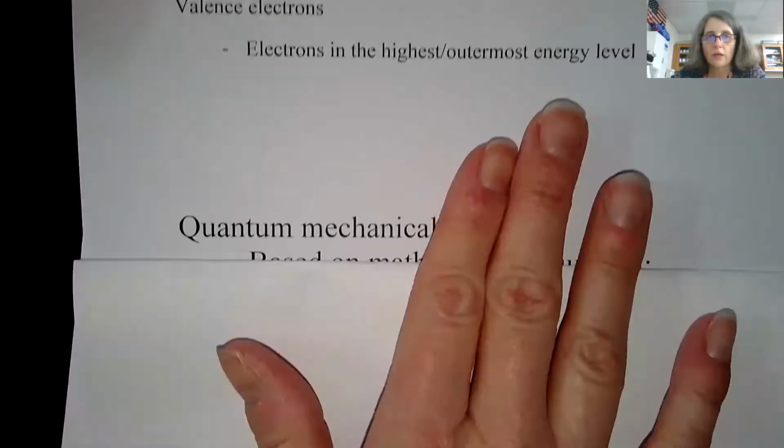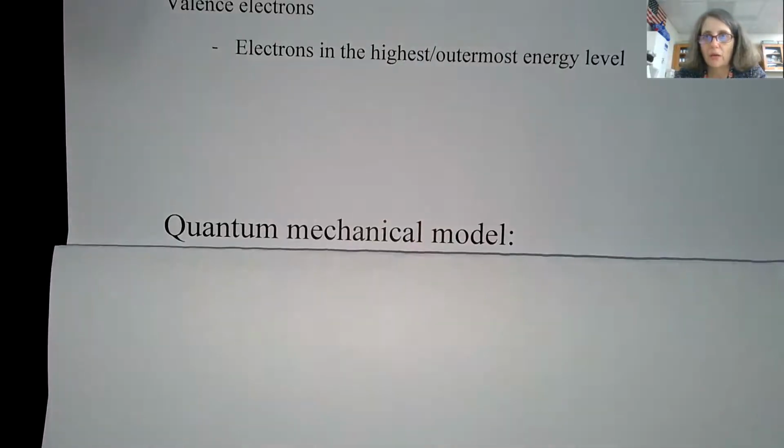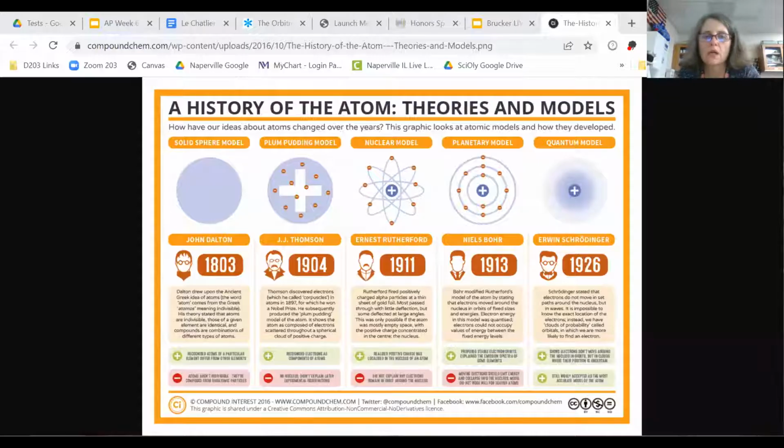So in your notes, put quantum mechanical model. This is, again, the process we have gone through in terms of history to get to where we are now. So this is essentially a list of the history that we've been talking about all along.